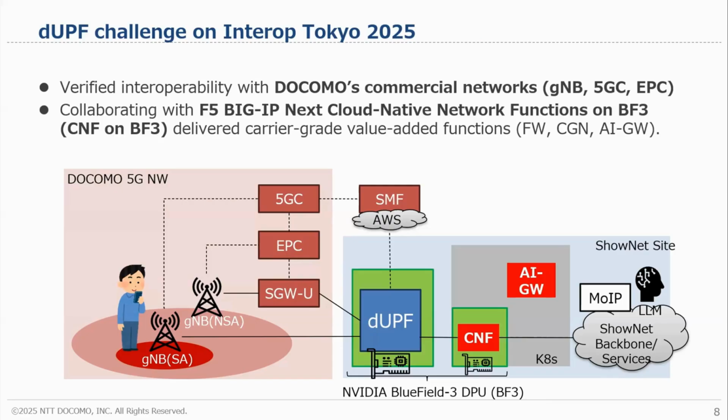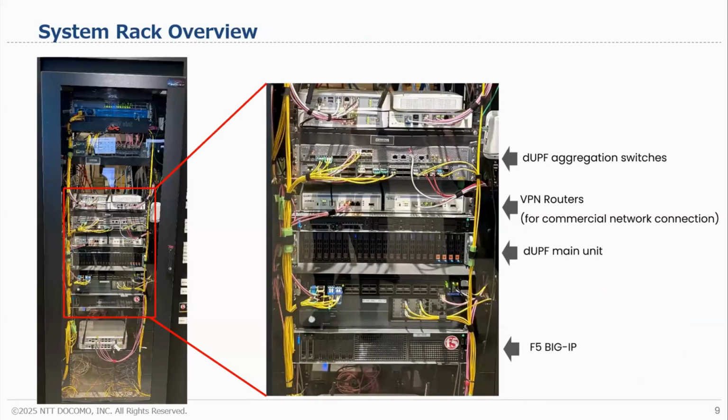The video streaming and LLM services hosted at Interop Tokyo were provided to devices with dedicated SIM cards through the DUPF and DOCOMO's commercial 5G network. And this shows the system rack overview at Interop Tokyo. And our DUPF server hosting BlueField-3 cards is here.